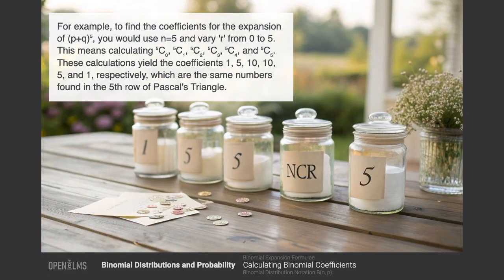For example, to find the coefficients for the expansion of (p + q)^5, you would use n equal to 5 and vary r from 0 to 5. This means calculating 5C0, 5C1, 5C2, 5C3, 5C4, and 5C5. These calculations yield the coefficients 1, 5, 10, 10, 5, and 1, respectively, which are the same numbers found in the 5th row of Pascal's triangle.